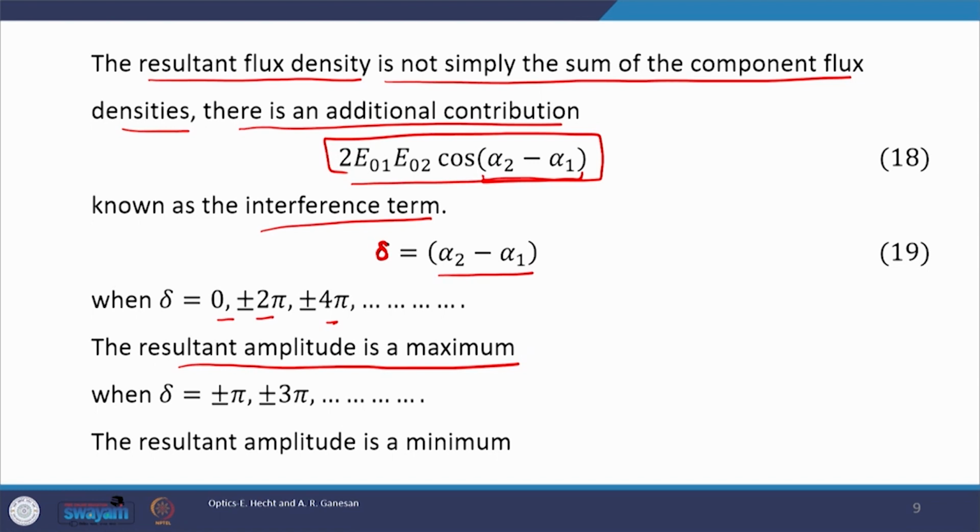However, when del is equal to odd multiple of pi, that is if del is equal to plus minus pi, plus minus 3 pi, then the resultant amplitude will be minimum, which corresponds to destructive interference.